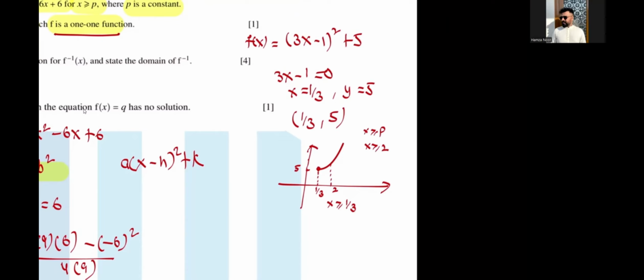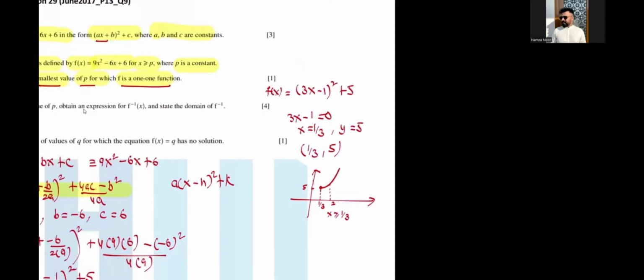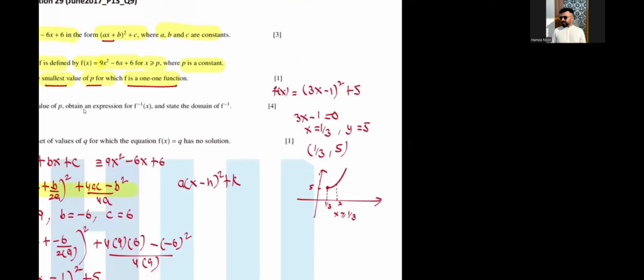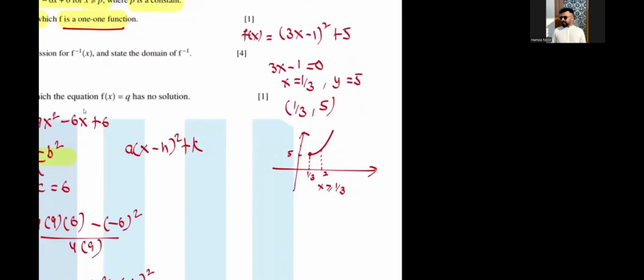So the smallest value of p is 1/3, meaning the x coordinate of the turning point of the quadratic graph. For just 1 mark, you need to state that x ≥ 1/3. Therefore, the smallest value of p is 1/3.